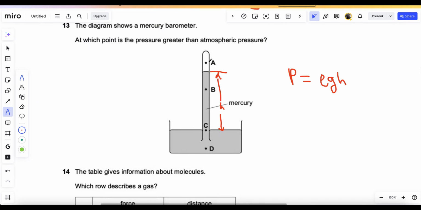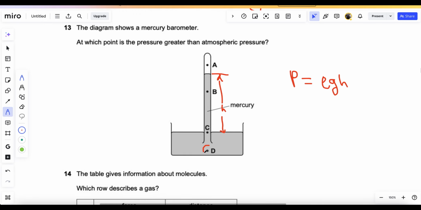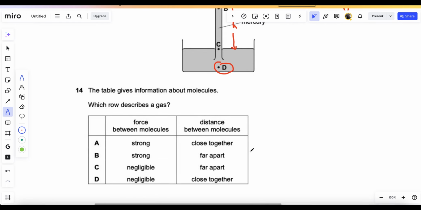Obviously not at this point, because atmospheric pressure is acting here on this surface. So the pressure below the water in the basin, that's where. So we go for D. That's when the pressure is greater than the atmospheric pressure. So we go to question 14.